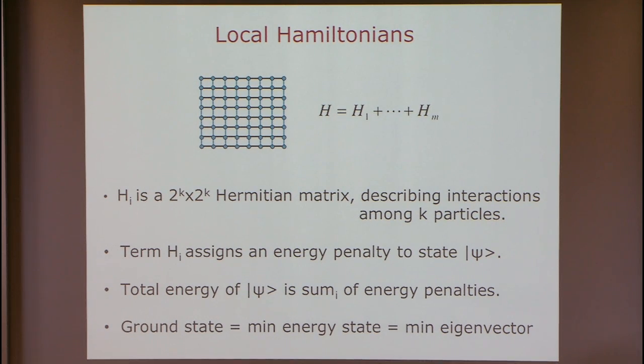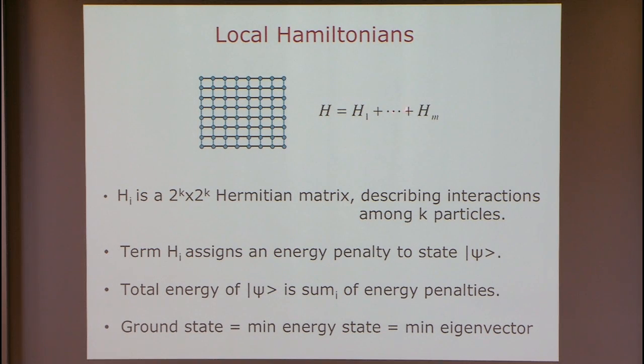But you could have a k local Hamiltonian where you had k particles interacting with each other. And then if these particles were qubits, so if they were 2 level, then each term of your Hamiltonian would be a 2^k by 2^k Hermitian matrix, describing the interactions among these k particles. Now, the way we think of the Hamiltonian is that it assigns an energy penalty to the state psi. The total energy is the sum of the energy penalties assigned by each term, and the ground state is the minimum energy state, or the eigenvector.